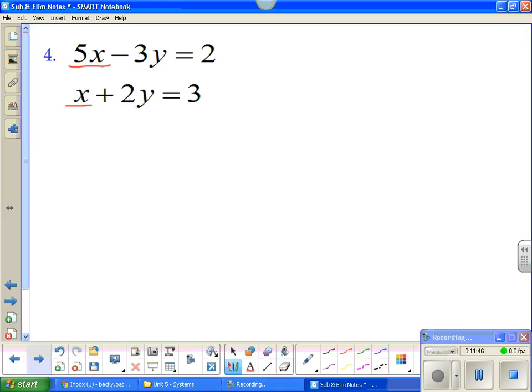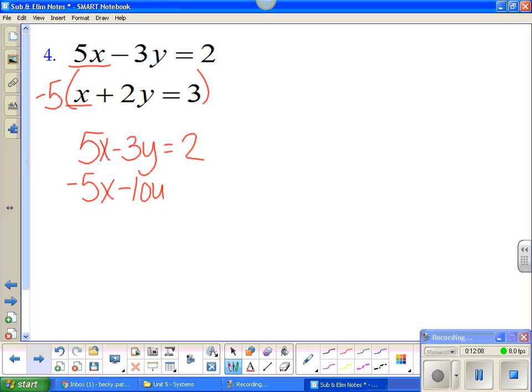So to get my x's to cancel, we said a 5. So top equation's good. The bottom equation needs a 5, but not only does it need a 5, it needs to be a negative 5. Because remember, I can't just have them be the same. One has to be positive and one has to be negative. So 5x minus 3y equals 2. And negative 5x minus 10y equals a negative 15.